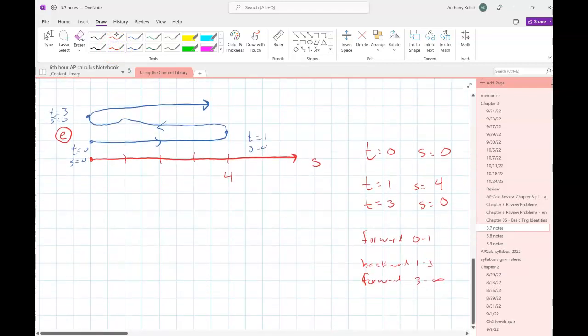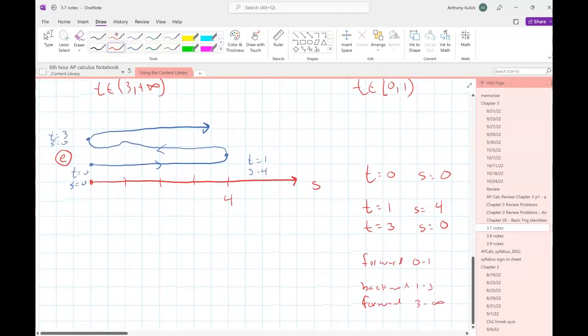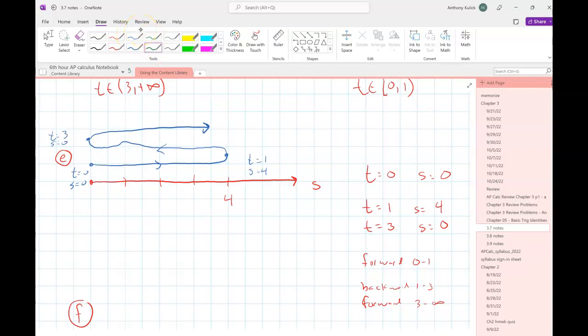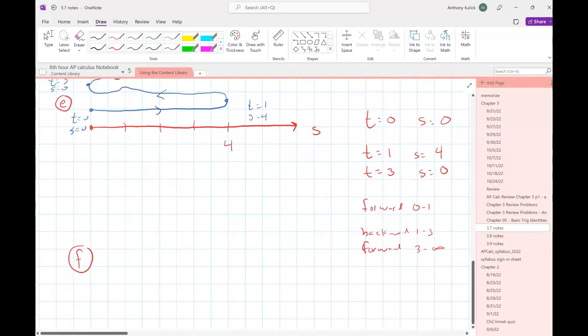Now this you have to be a little bit careful about, because the natural intention would be, I'm just going to do s of 5 minus s of 0, right? The problem is s of 5 is going to be like over here somewhere, and it's not going to count the whole path.